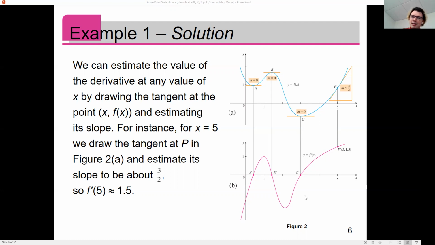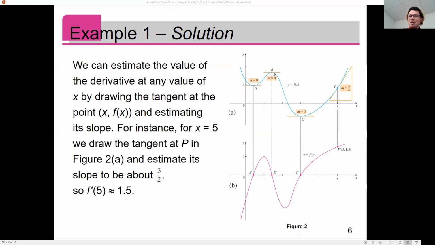So one of the ways that I know that this pink line is the derivative of the blue function, the blue curve, is that the pink curve is always negative when the blue curve is decreasing.